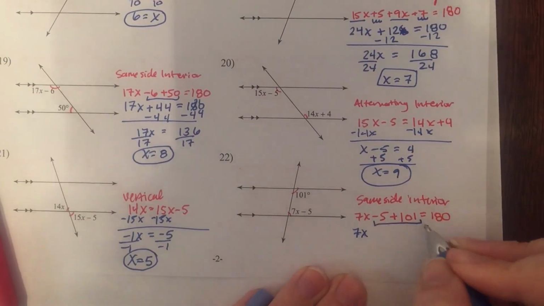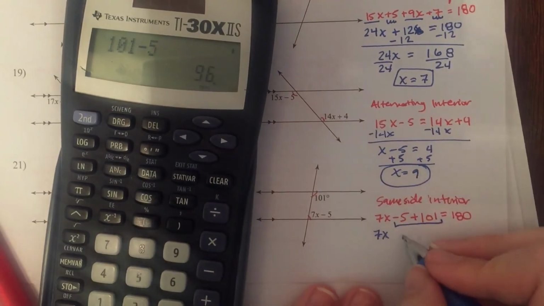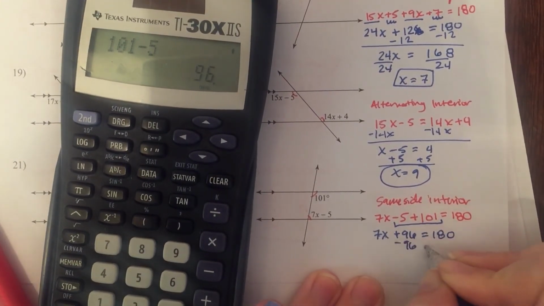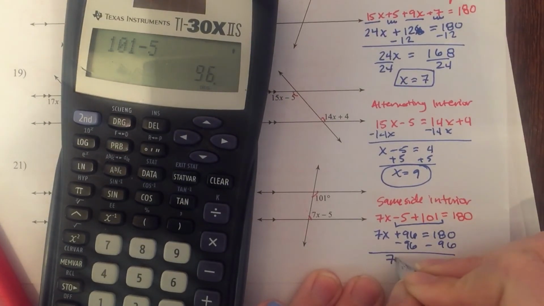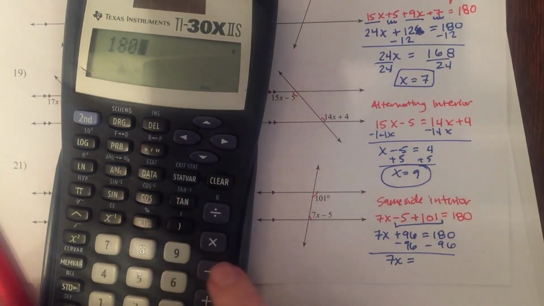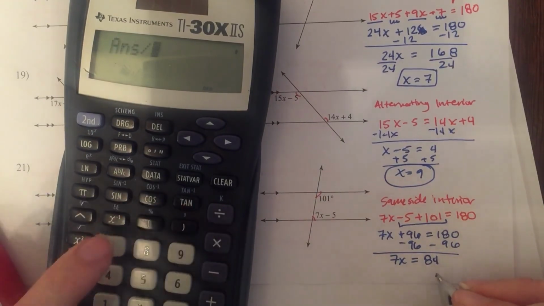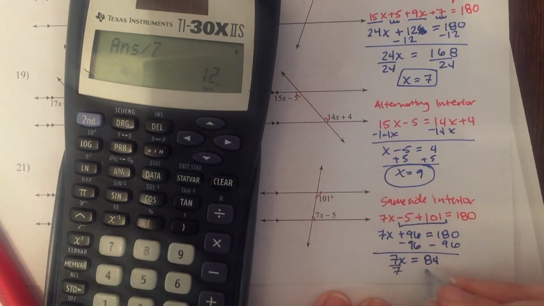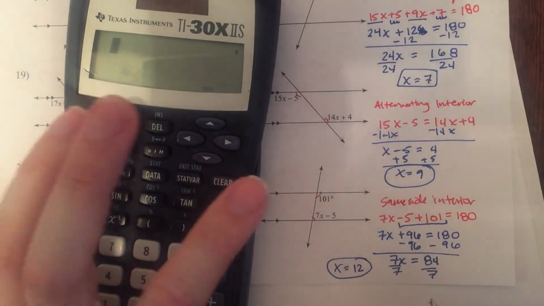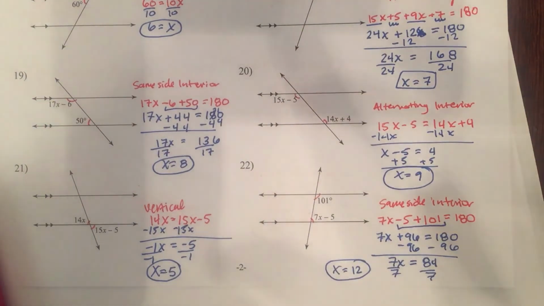I combine like terms, so 101 minus 5 is 96, minus 96, 180 minus 96, and then divide by 7. X is equal to 12. And that's what you are expected to do for the 7.2 assignment with transversals.